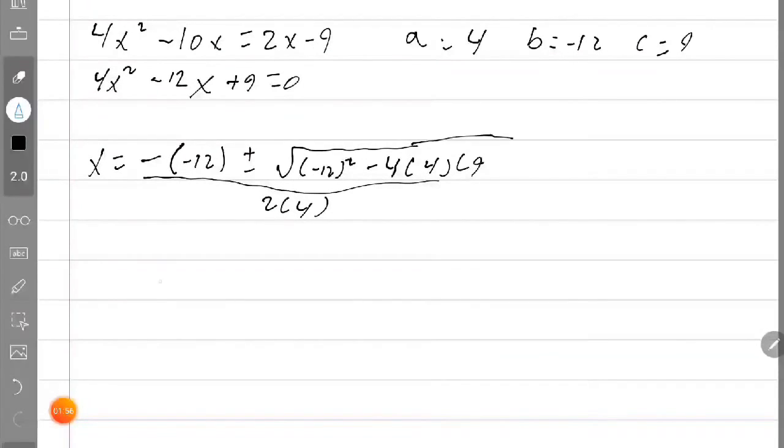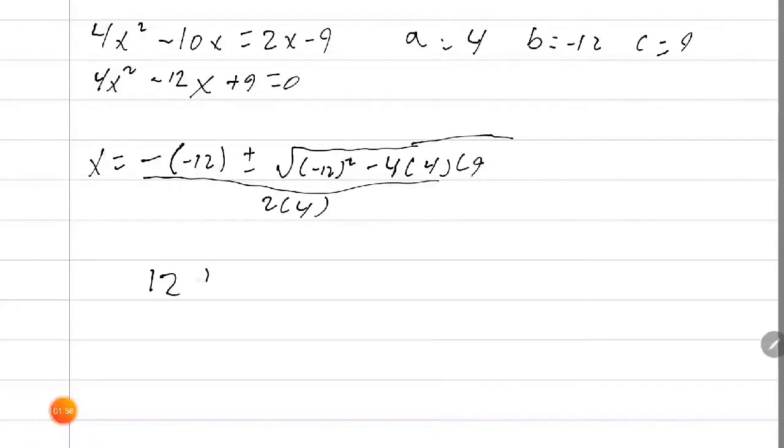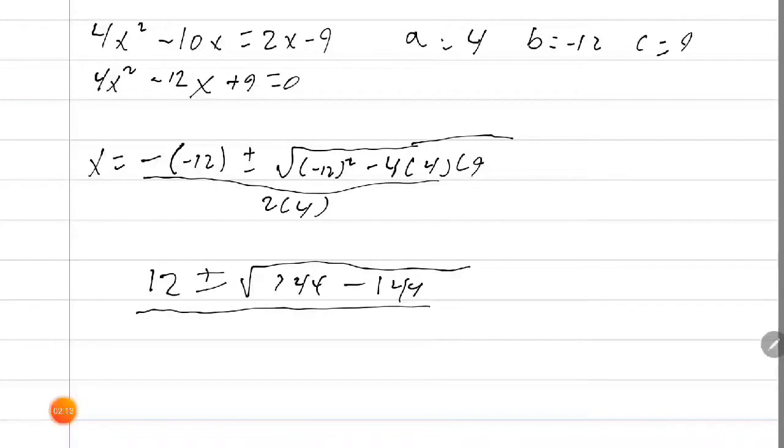I'm going to have 12 plus or minus the square root of 144 minus 4 times 4, which is 16, 16 times 9 is 144, all over 8.